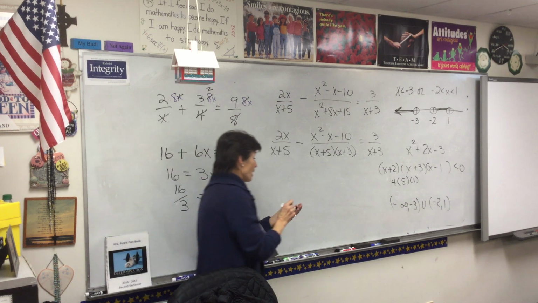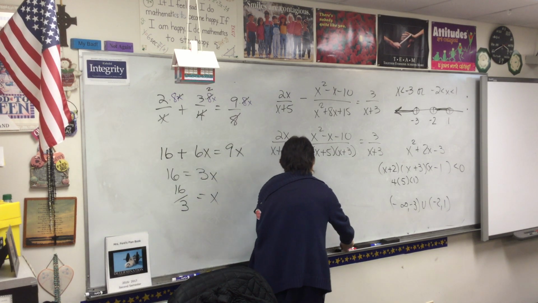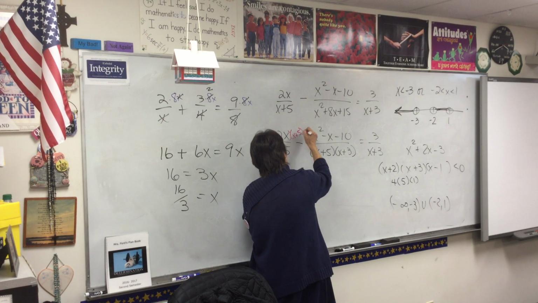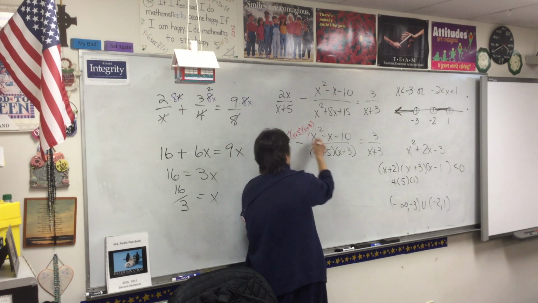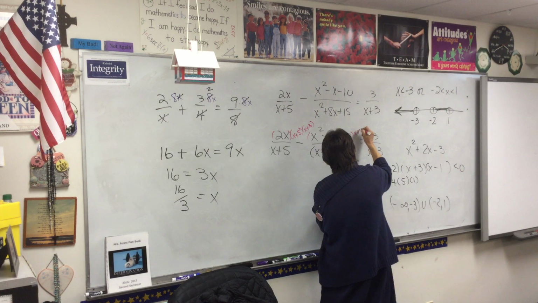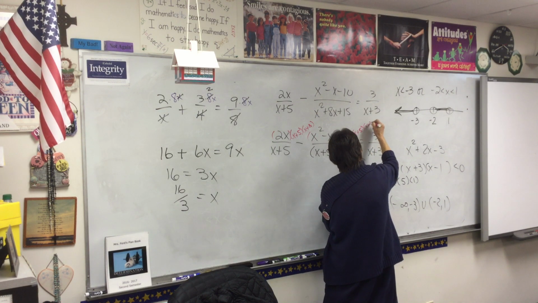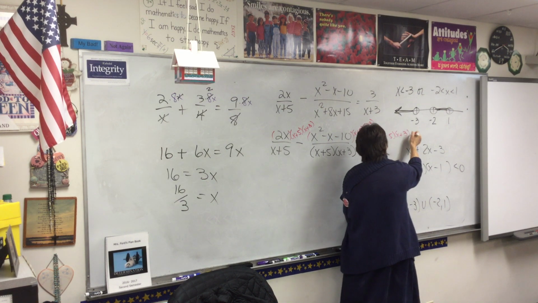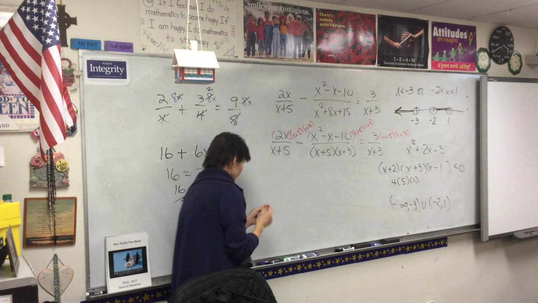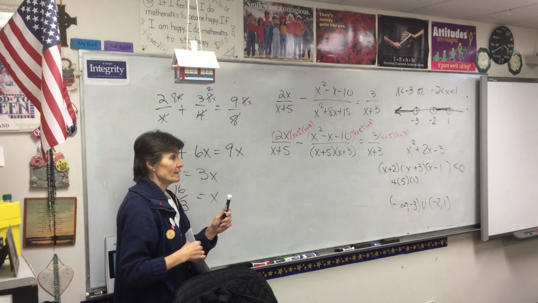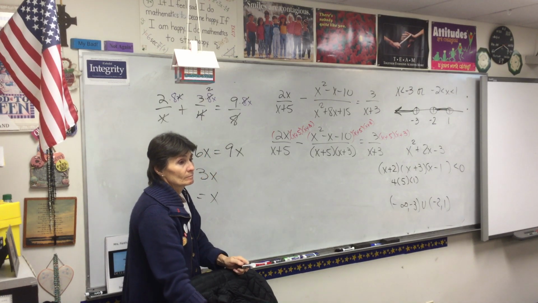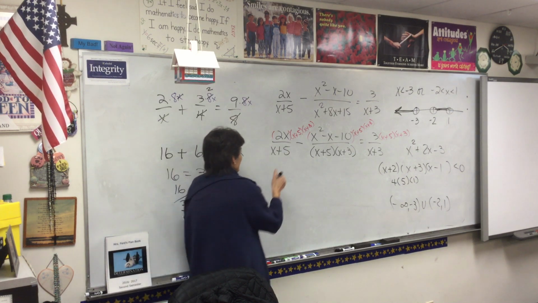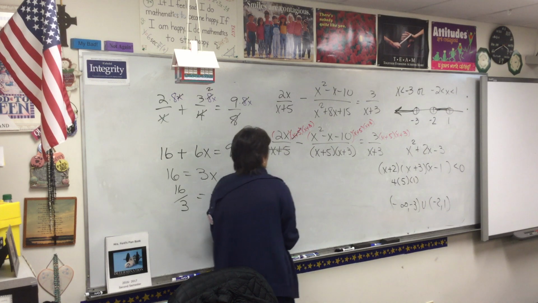I'm going to multiply by both parts of my denominator. So x plus 5, x plus 3, x plus 5, x plus 3, x plus 5, x plus 3. Why did I do that? To make sure they all cancel, that's exactly right. Those denominators have got to cancel.